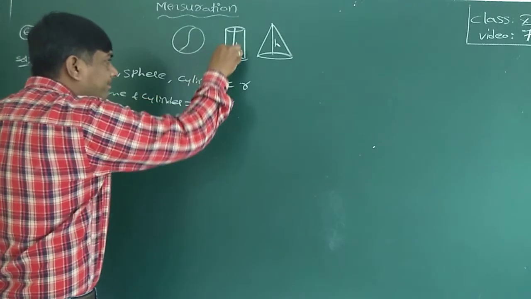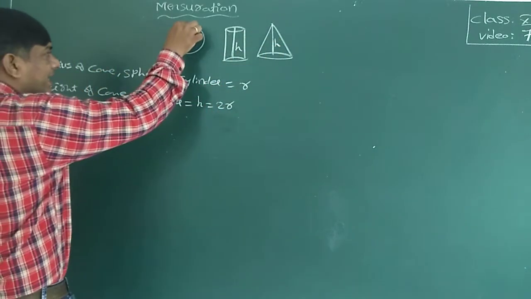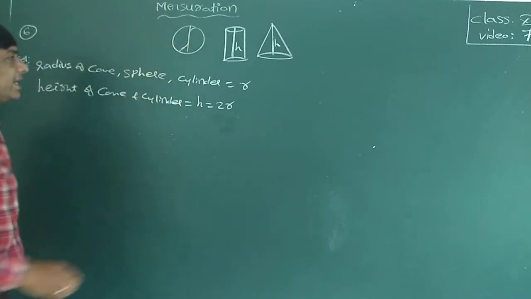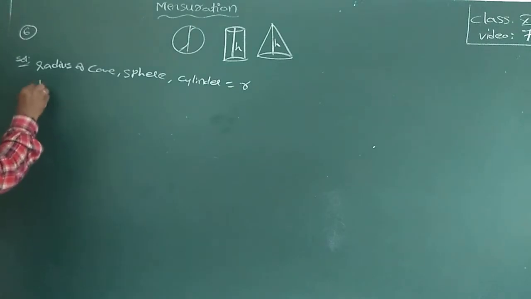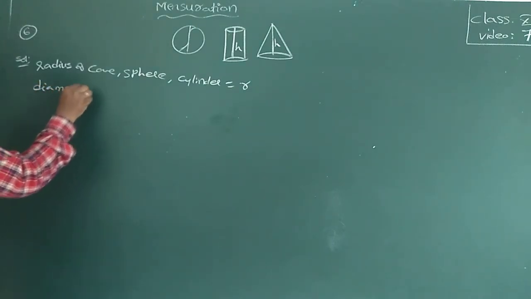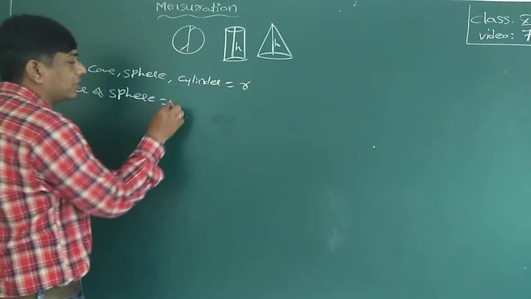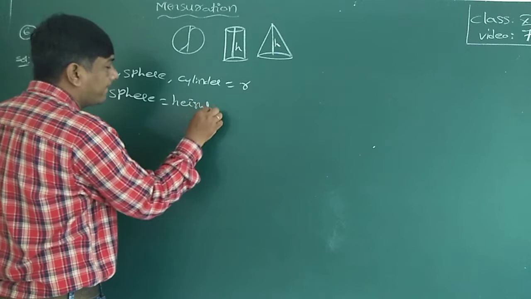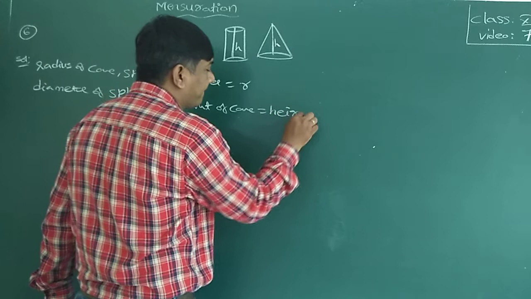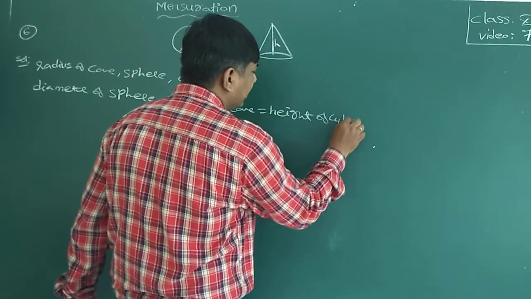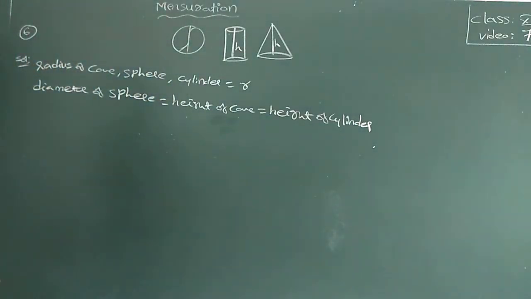Both heights are the same, cone height and cylinder height, and that is nothing but the diameter of the sphere. The diameter of the sphere is equal to the height of the cone and the height of the cylinder. In the old textbook they did not give the complete question, so you need to imagine.